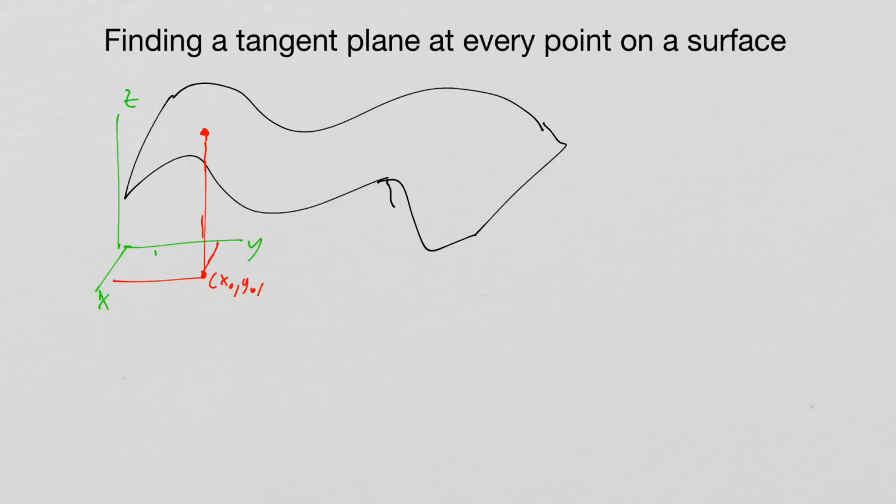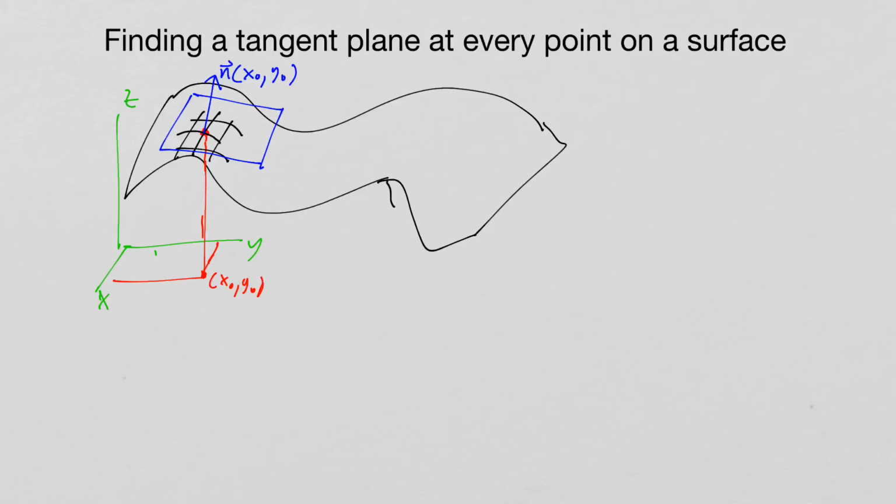If the surface is maybe curved around there like this, I find that tangent plane. The tangent plane, of course, will have a normal vector, but I can think of this normal vector as actually a function of the point x naught, y naught.